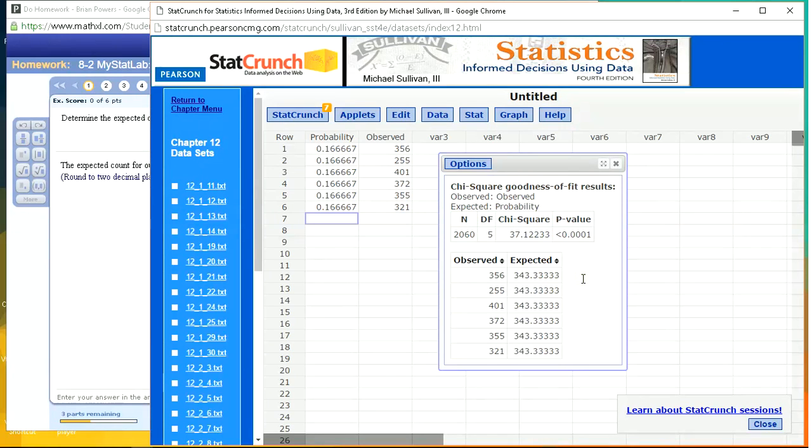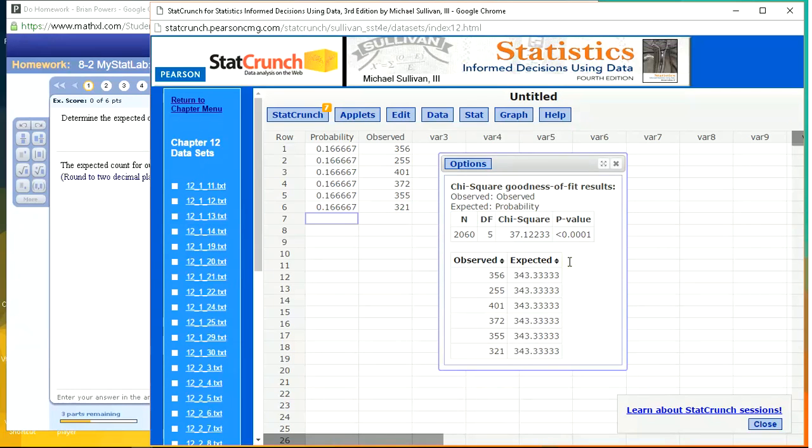The calculation of it involves taking the difference between what you observed, say 356 for the number 1, and what you expected, 343, squaring it and doing some other calculation. You end up adding up a bunch of stuff, and then you get your chi-square test statistic.